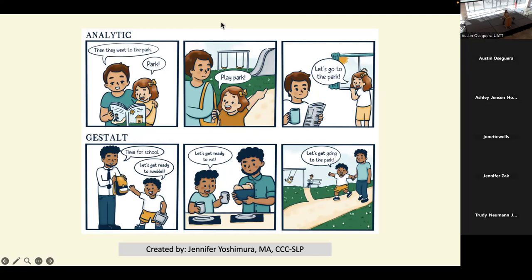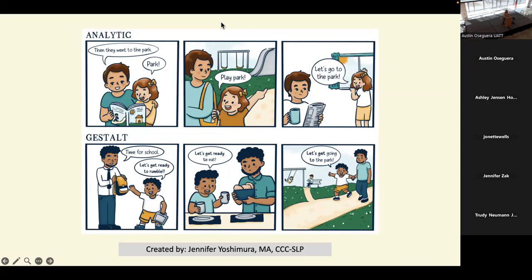Whereas the Gestalt language processor starts with the script, right? So dad says, time for school. And then the little boy says, let's get ready to rumble. Because for him, that's the script that's associated with we're transitioning, we're doing something new. And he might use let's get ready to rumble when they're transitioning from dinner to bath. It might be multi-use, but he's using a big script.